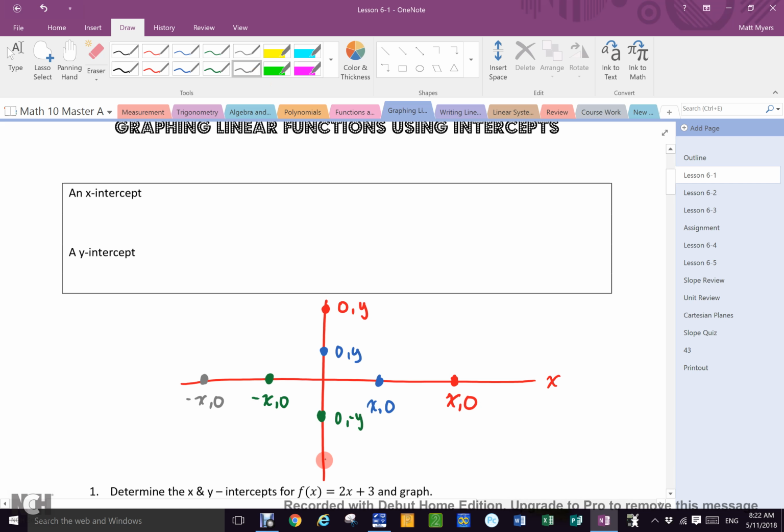And what is that point? So now what do you know about every single point that is on the y-axis? They are all going to be what? Zero comma y, right? Everybody with me?